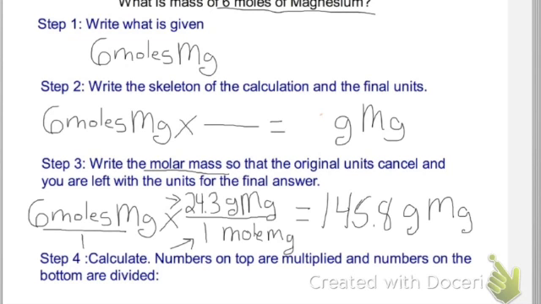I arrived at that by multiplying the 6, which is on top, dividing by 1, which doesn't affect anything, multiplied by 24.3, and divided by just 1, which doesn't affect anything. So ultimately it's multiplying 6 times 24.3, and I get my final answer. If the 24.3 had been in the bottom, on the denominator, I would have been dividing by that number.